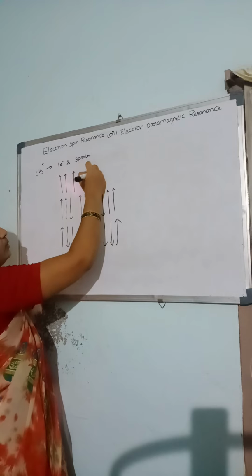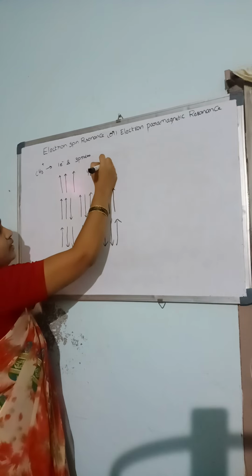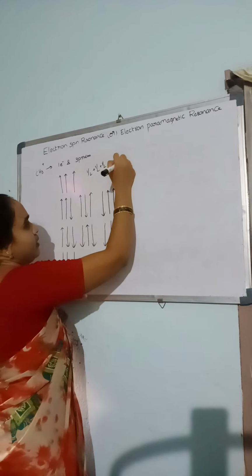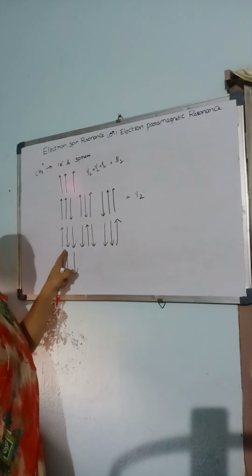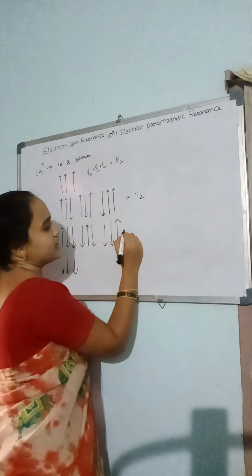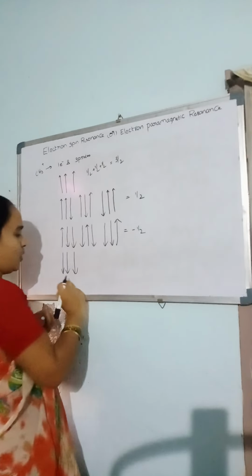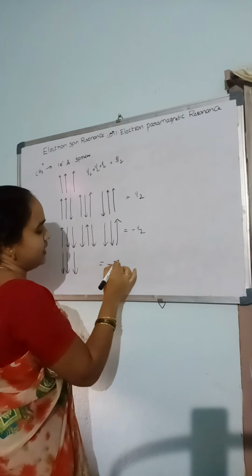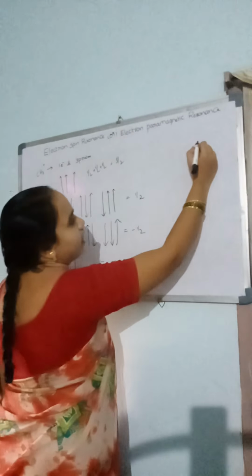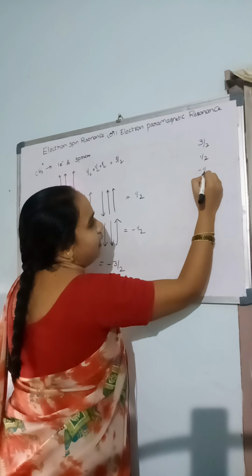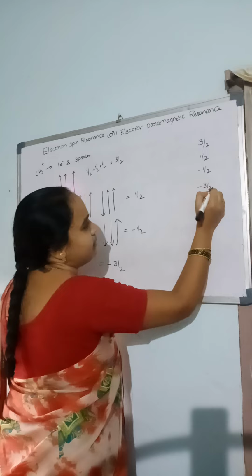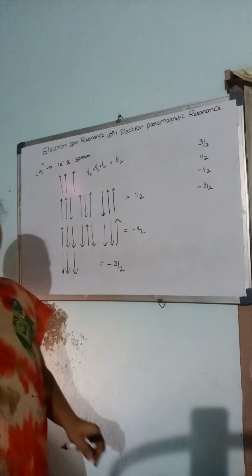That is 1 by 2 plus 1 by 2 plus 1 by 2, that is 3 by 2. Here 1 by 2 plus 1 by 2 minus 1 by 2, that is resultant spin is 1 by 2. Here 1 by 2 minus 1 by 2 minus 1 by 2, the resultant spin is minus 1 by 2. All are downwards, that is the resultant spin is minus 3 by 2. That is, we are getting 3 by 2, 1 by 2, minus 1 by 2, minus 3 by 2 resultant spins for protons.